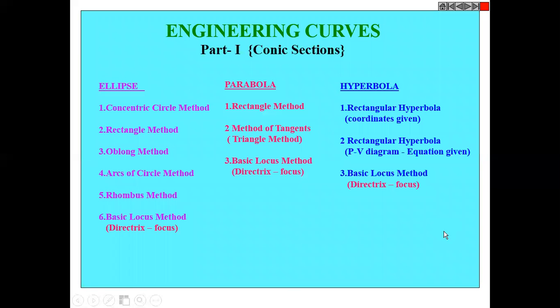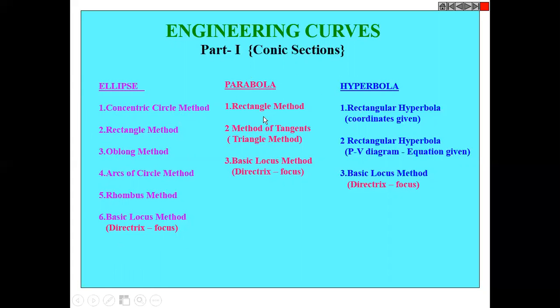Now, in engineering curves, they include the ellipse, parabola and hyperbola. The important methods for first year are, in the ellipse, first the concentric circle method, then the rectangle method, and third the basic locus method, or we can say the directrix focus method.